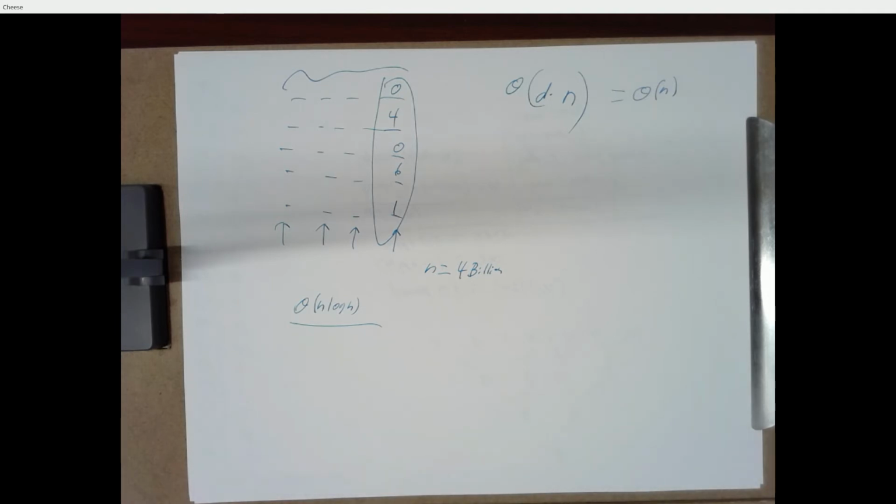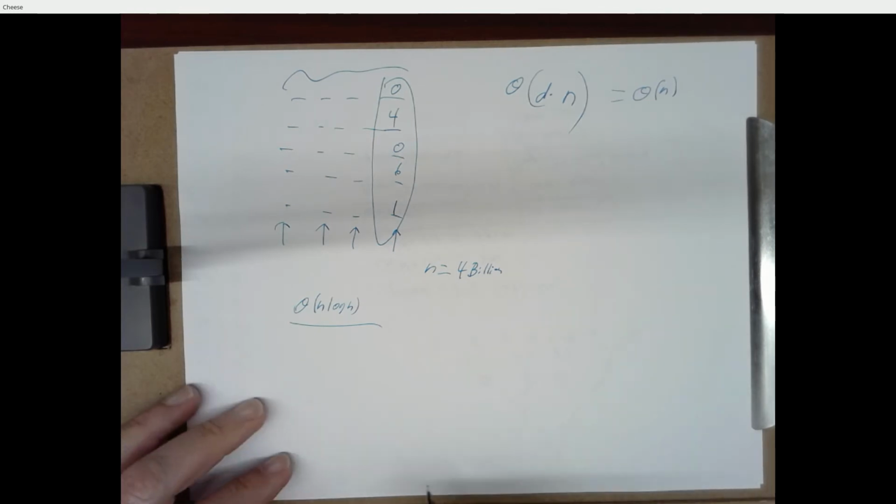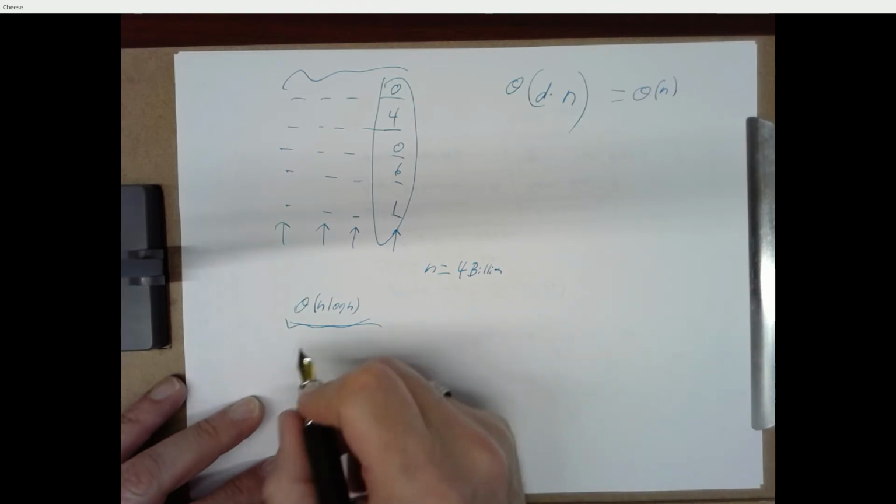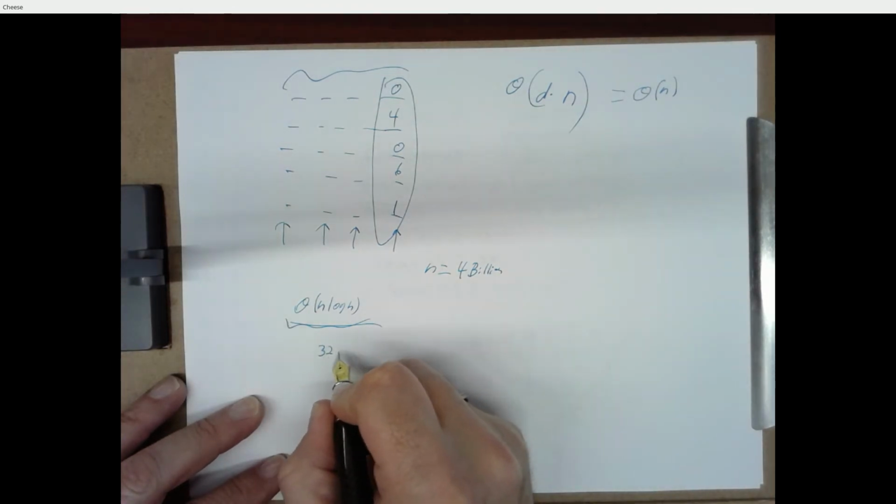That's a lot of integers, right? That's presumably the most that we would try to sort because that's the set of all 32-bit integers, right? Well, if n is 4 billion, what is n log n? So what's the log of 4 billion? I didn't just give it away. 32. So this is 32n.